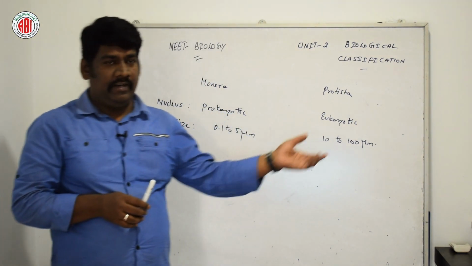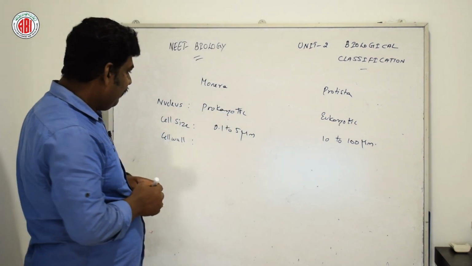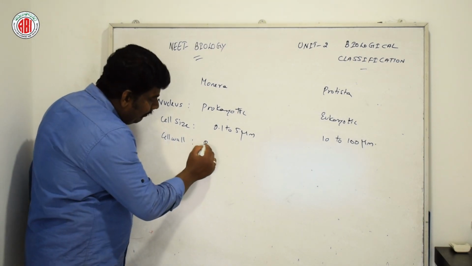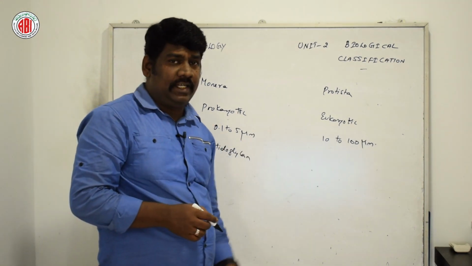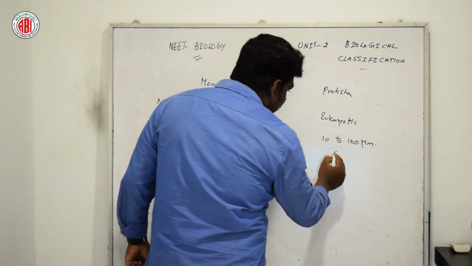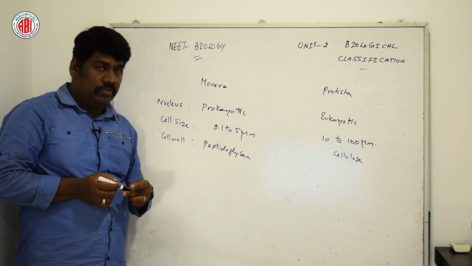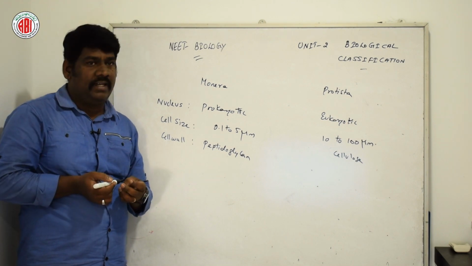Next, talking about the cell wall, the outer layer of the living organism. In Monera the cell wall is made up of peptidoglycan. In Protista, the cell wall is made up of cellulose. So these are the major differences between the two when we are talking about the cell wall.